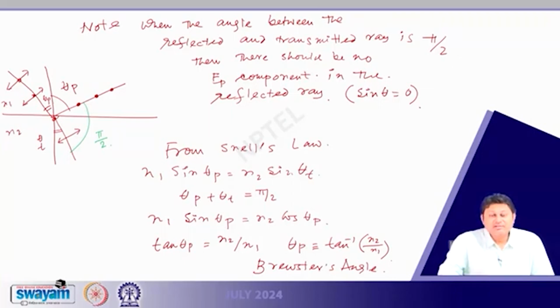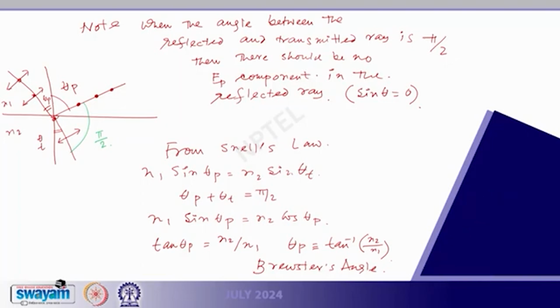In the next class we will discuss the other two ways to polarize light: one is by scattering and another is by using the birefringence property of a crystal. That is interesting. See you in the next class, and thank you for your attention.